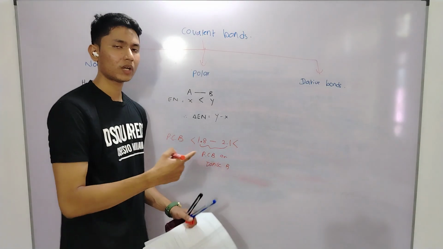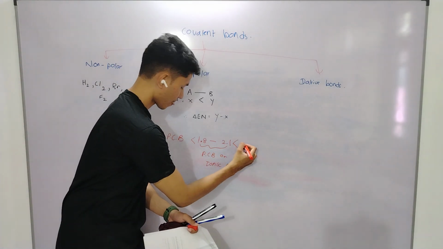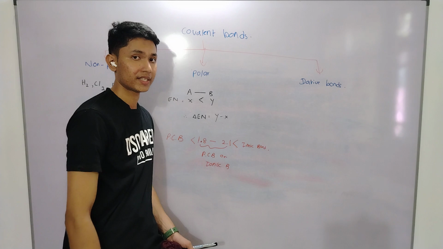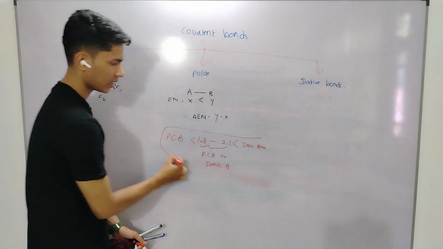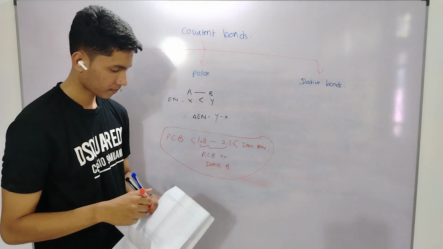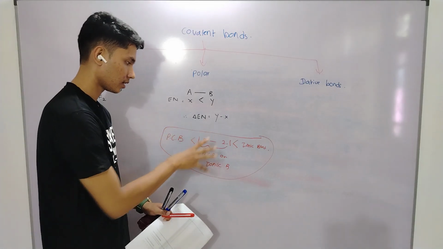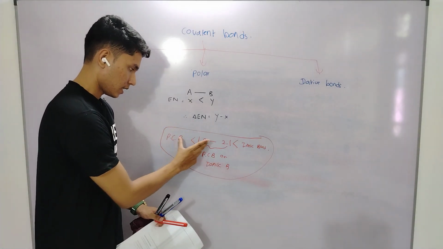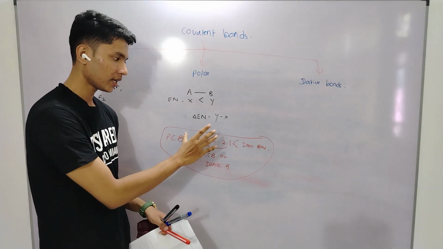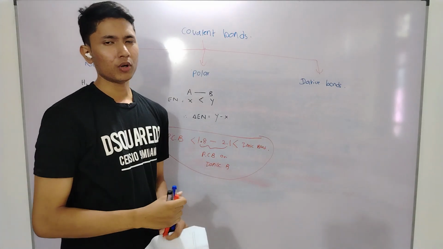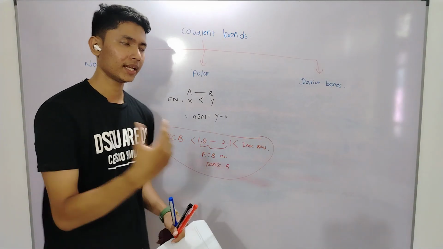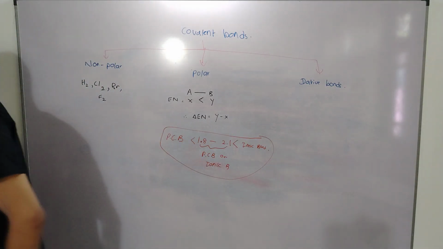If the difference is greater than 2.1, it is always an ionic bond. So take this point, which we will detail later. Write this down.